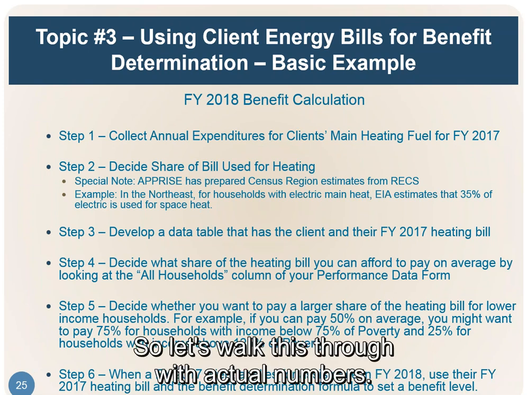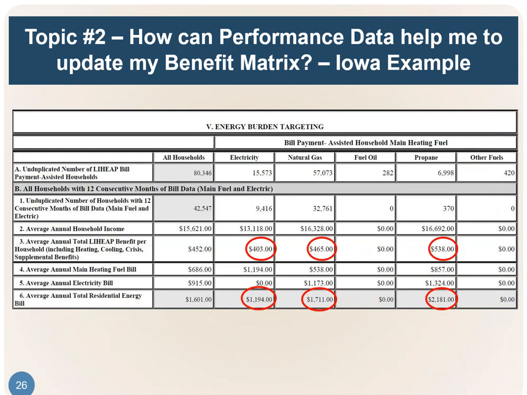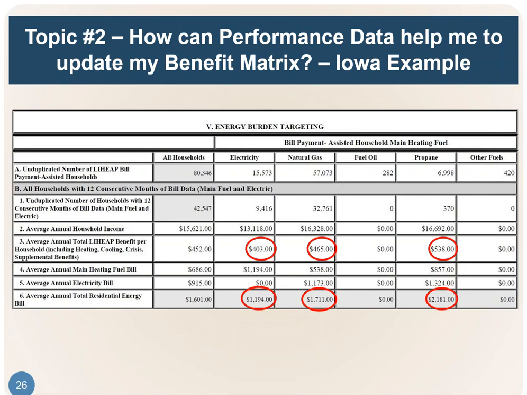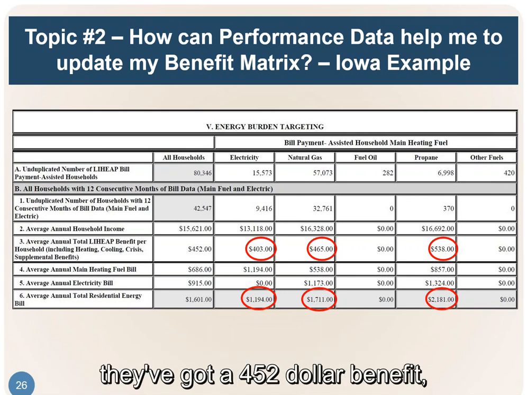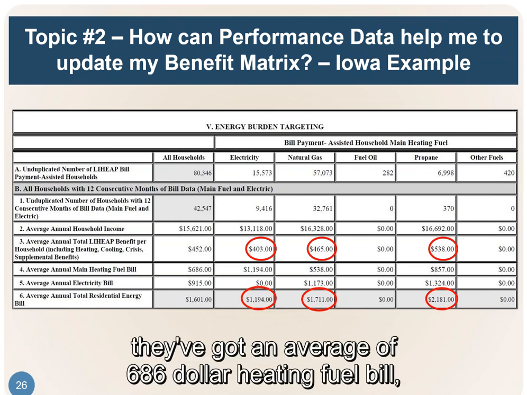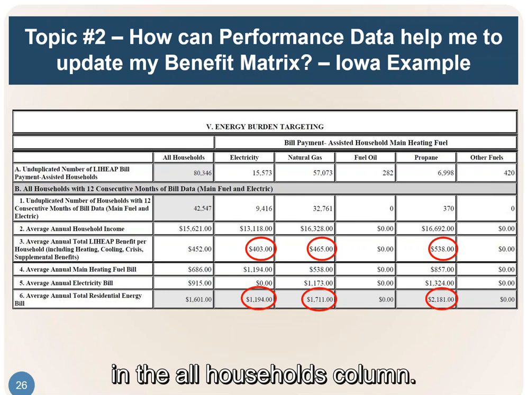So let's walk this through with actual numbers. Next. If you look at Iowa's form, you can see that on average they've got a $452 benefit. They've got an average of $686 heating fuel bill and a $1,600 total bill if you're looking in the all households column.